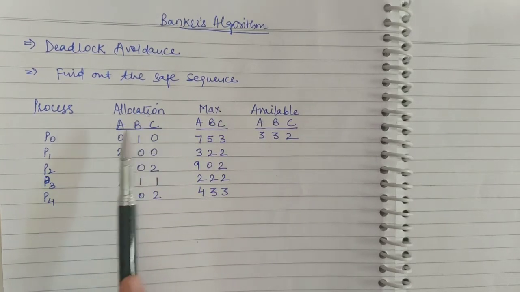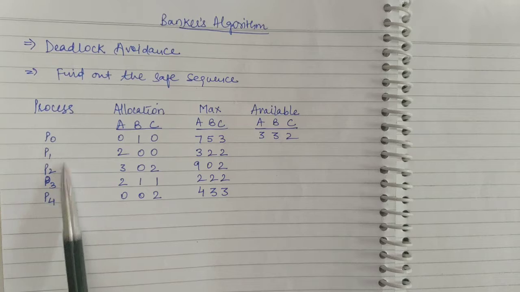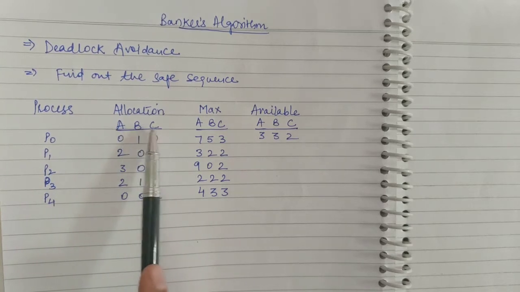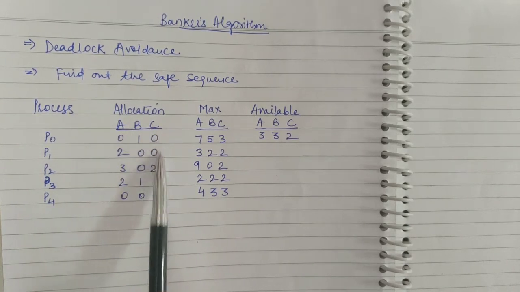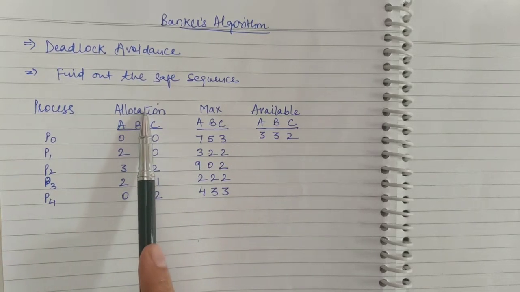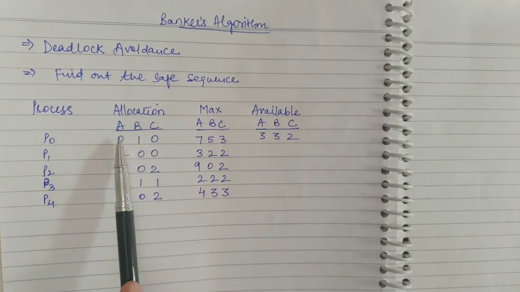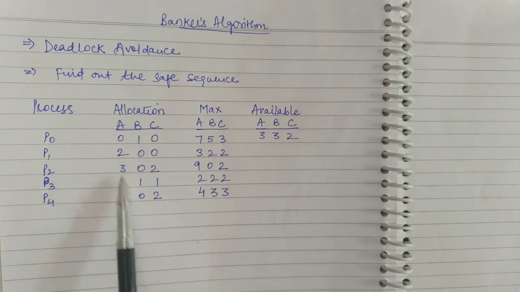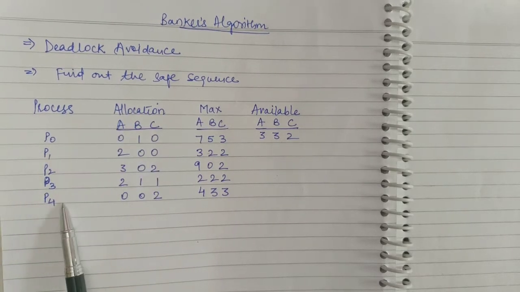Allocation is the resources. These are the processes, and this A, B, C, these are the different types of resources, and these values are the instances of these resources. So allocation is the system has allocated these number of instances of these resources to these processes.